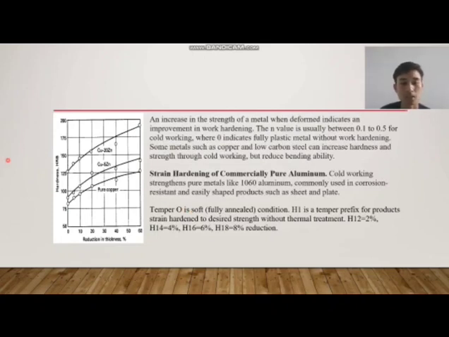H1 is a temper prefix for products strain hardened to desired strength without thermal treatment. H12 equals 2%, H14 equals 4%, H16 equals 6%, and H18 equals 8% reduction.